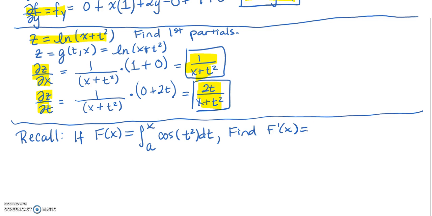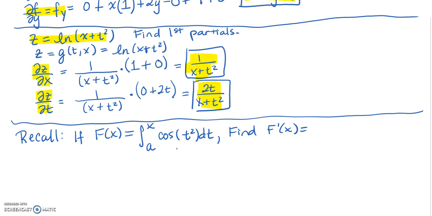Now, just so you know, that integral from a to x of cosine t squared dt is not integrable. In other words, it doesn't have an antiderivative, so we cannot find that antiderivative and then evaluate between x and a. That's not a possibility. But the fundamental theorem of calculus provides a means by which we can find the derivative of that thing, even though we can't actually integrate it.